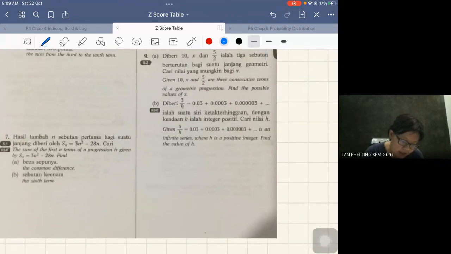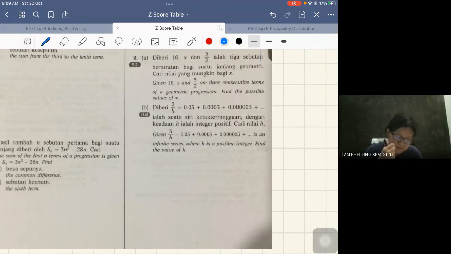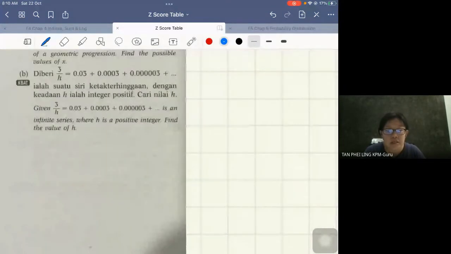Should we try this one? Okay, 9B is okay. Everybody, can you see the questions? Yes. Given that 3 over h. Everybody is with me, right?